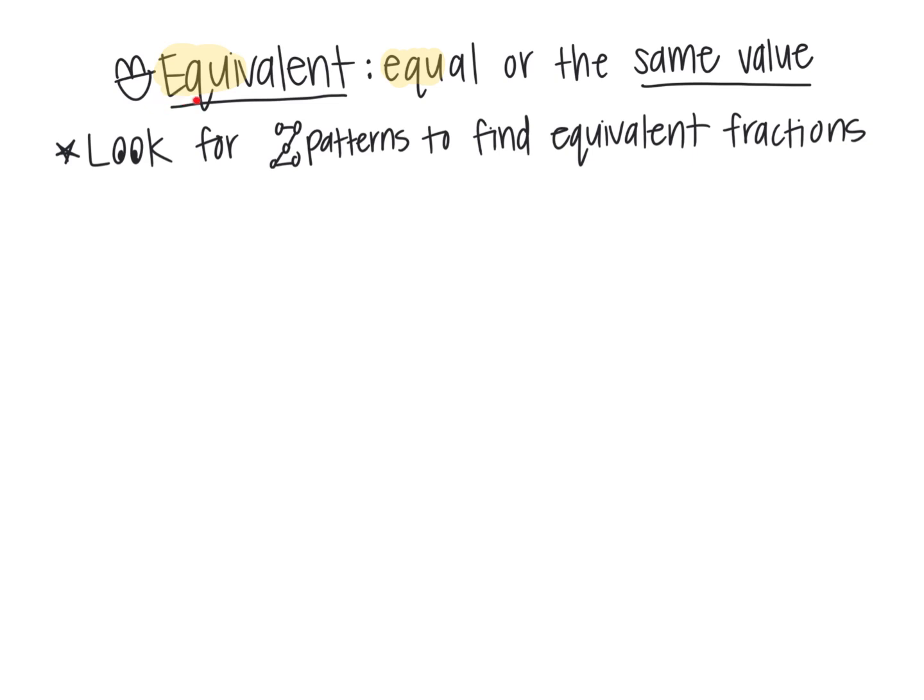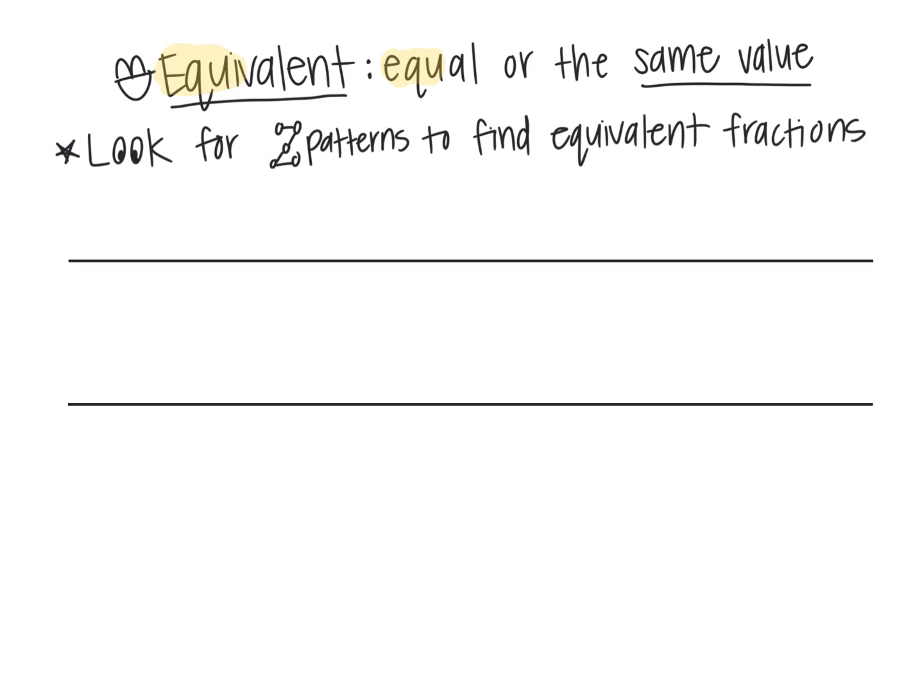We learned that equivalent means equal or the same value, and that when we're looking at equivalent fractions, we're going to look for patterns. Okay, so let's look at a number line. Since I am going to find an equivalent fraction, I'm going to make two number lines.